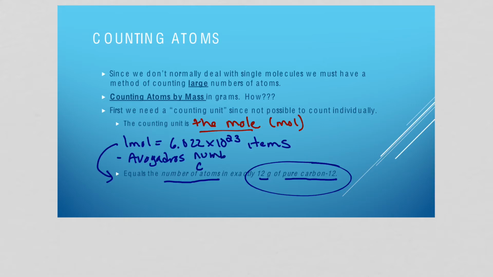That's another term that we use for the mole. So if you hear that term Avogadro's number, they're talking about 6.022 times 10 to the 23rd. It's the same thing. So the first big thing here is we really have to understand this concept of the mole and what a mole is.